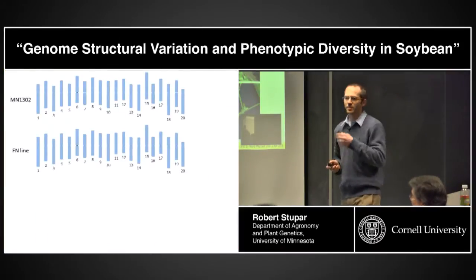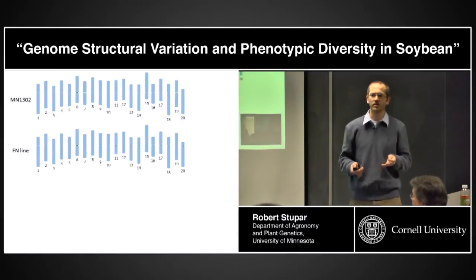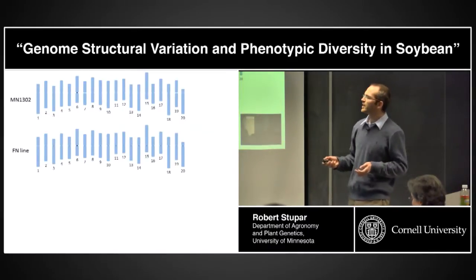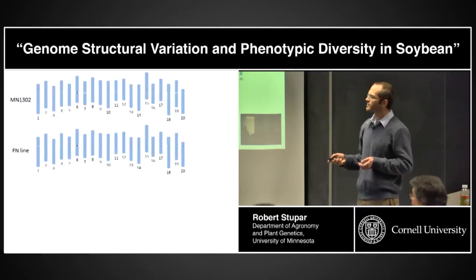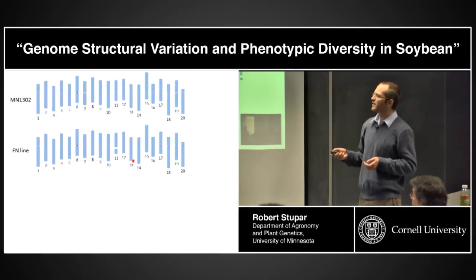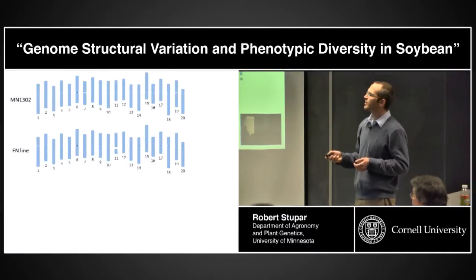So we developed a platform commonly known as comparative genomic hybridization, or CGH, that works this way. It's a microarray. Here you have our parent line, the wild type, and this is a fast neutron line that we've irradiated. What basically happens is a fast neutron comes in and, in this example, blows out a single deletion in chromosome 11. Then we run a microarray of these two against one another.